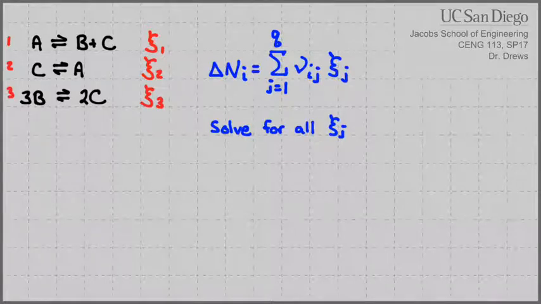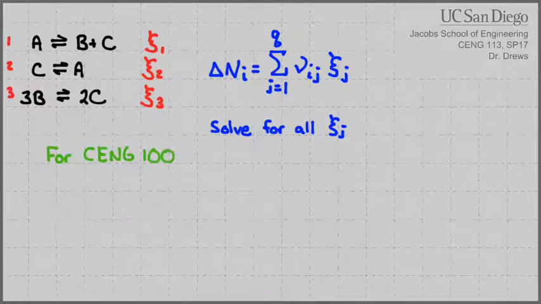So the general approach that we have, let me make a note here. This was the method that you learned in CENG 100, so you will get to practice that. But we're going to look at a different method because we can actually solve ODEs in here with MATLAB. And that approach consists of about 4 steps.